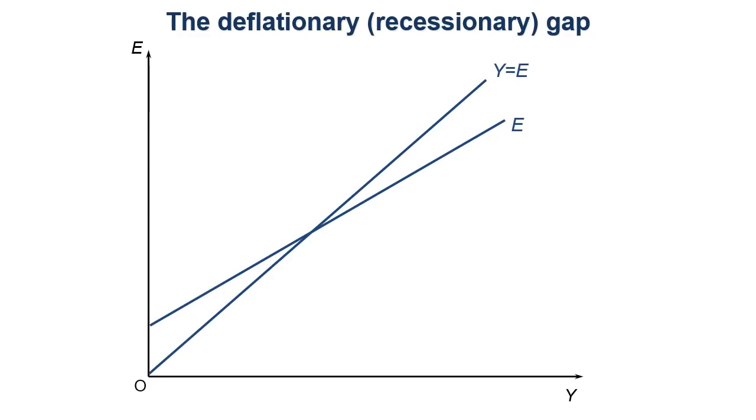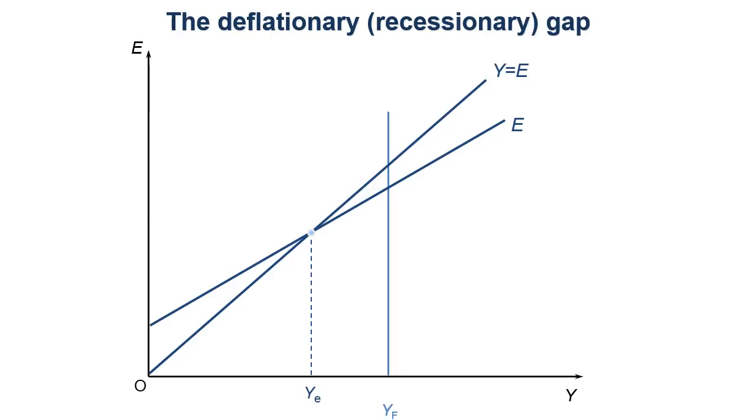In the case of the deflationary gap, we begin with the Keynesian cross, where the expenditure line crosses the equilibrium condition Y equals E. This intersection gives us equilibrium output, YE. Now imagine a scenario where the equilibrium is below capacity.